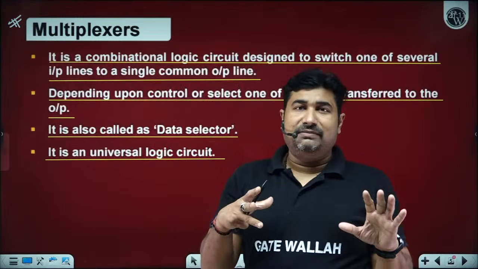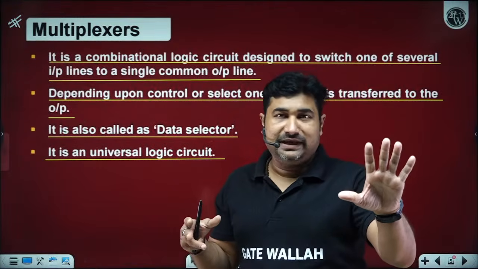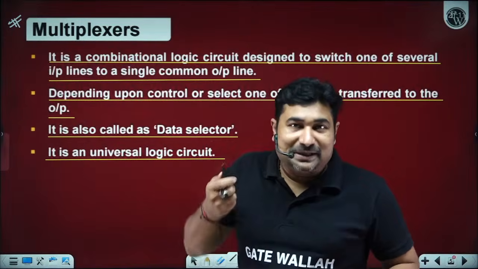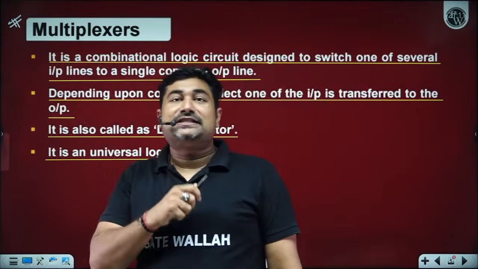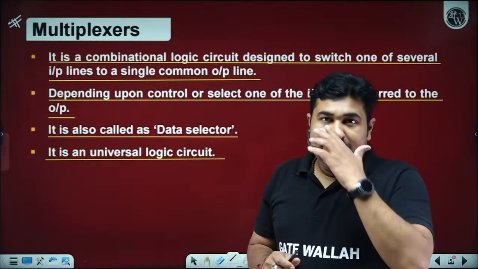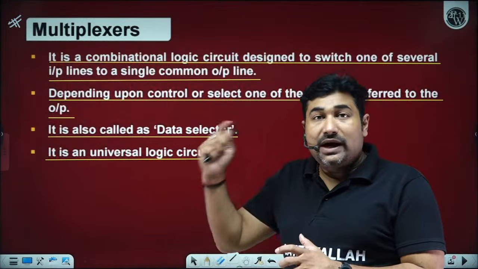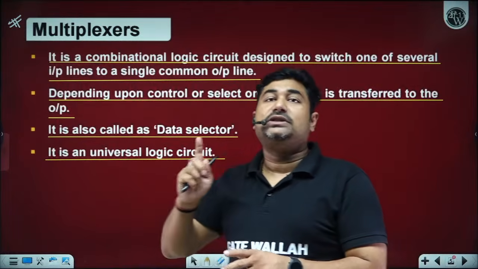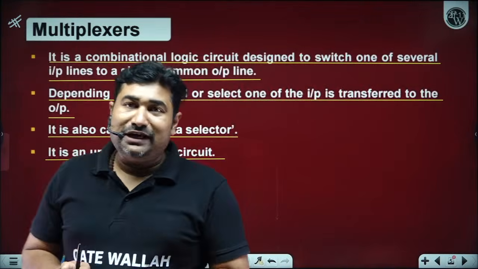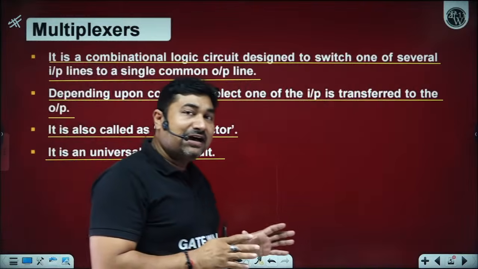Multiple channels are coming, but only one channel is going to display, and that you are going to select. The same function is done by the multiplexer. It has many inputs. Depending upon select, only one input is transferred to the output. That is why it is also called a data selector.